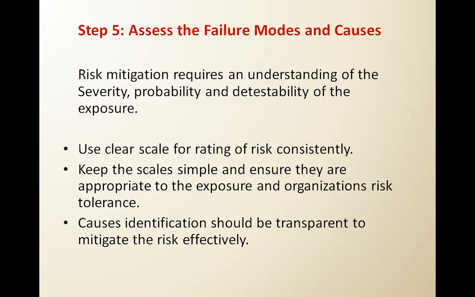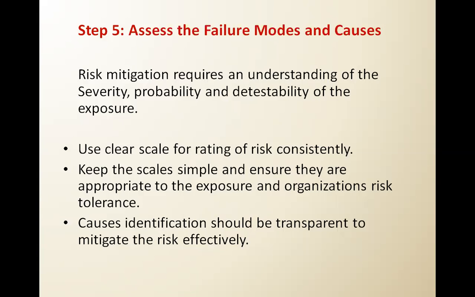Then the fifth step is to assess the failure modes and causes. Risk mitigation requires an understanding of the severity, probability, and detectability of the exposure. Use a clear scale for rating risk consistently. Keep the scale simple and ensure it is appropriate to the exposure and the organization's risk tolerance. Causes identification should be transparent to mitigate the risk effectively.